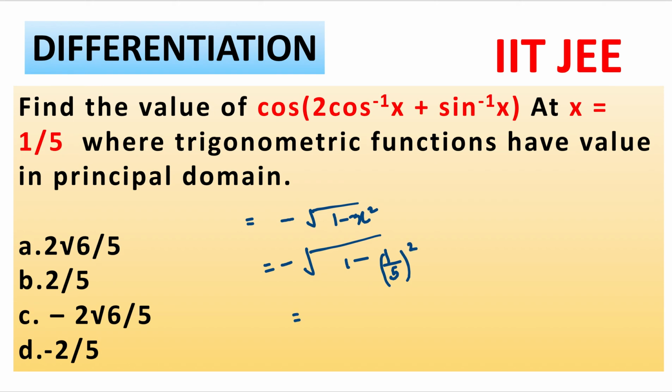So this is going to be minus of root of 24 by 25. This is nothing but minus of root 24, which we can write as 4 into 6, so 2 root 6, and the root of 25 is 5. So our answer is minus 2 root 6 by 5. So the correct answer is this one.